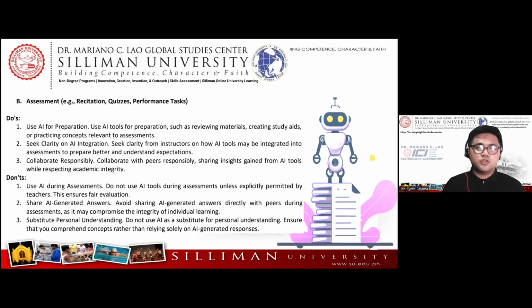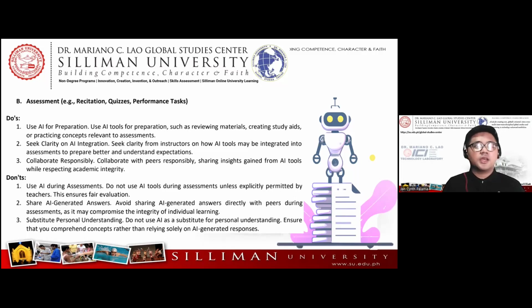First is use AI for preparation, right? In terms of assessment, you will make use of AI tools only for preparation. Use AI tools for preparation, such as to review materials, create study aids, or practice concepts relevant to assessment.